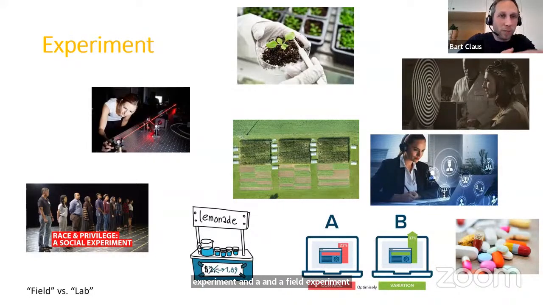There are different advantages and disadvantages to both, right? Which I will go into later as well. Some obvious ones are that in a field experiment, you have more realism, right? You are testing something in the environment in which a phenomenon naturally takes place.